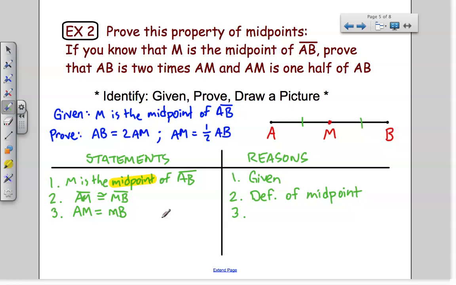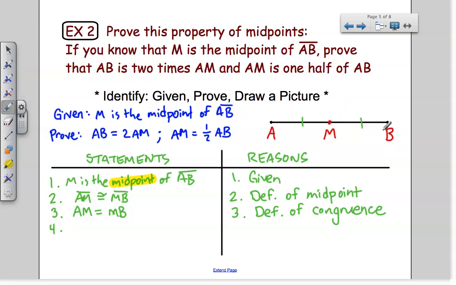And you can go from congruent to equals anytime by definition of congruence. That's something we're doing for the first time right now. Anytime you want to go back and forth between equals for segments and congruence for segments, you just say definition of congruent or definition of congruent segments. Alright, now we'll do that step I was talking about before. Sorry about that.